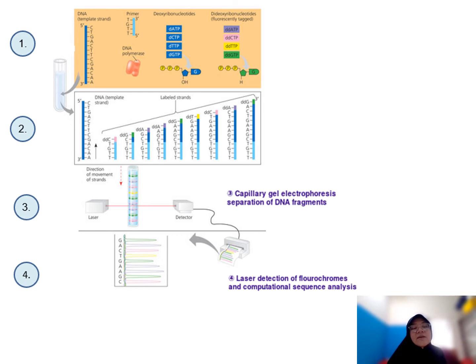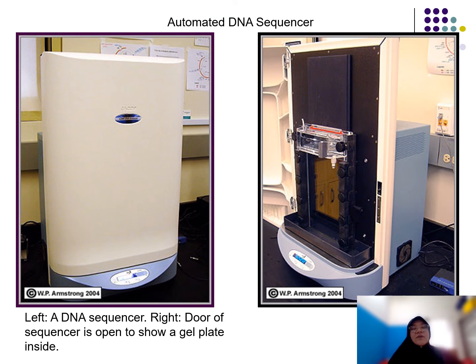Okay, dan dia akan detect ikut urutan, di mana beza dia adalah satu bases to one fragment tu dia akan beza from one another fragment melalui satu bases saja. So dia akan bantu untuk kita identify the sequence of DNA, okay, by bases lah. Okay, and then laser detect, okay, and computational sequence analysis. So this is automated DNA sequencer.